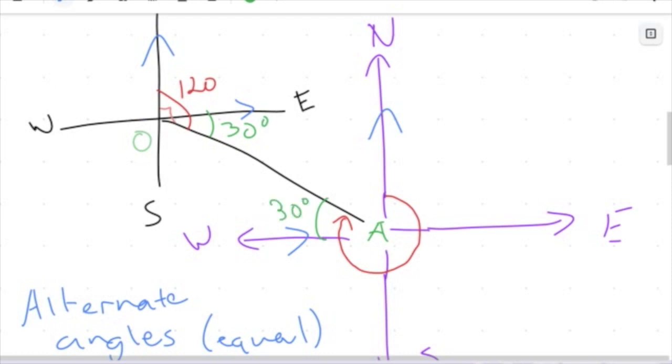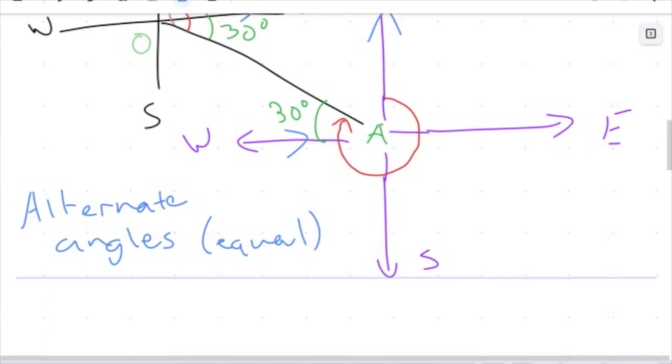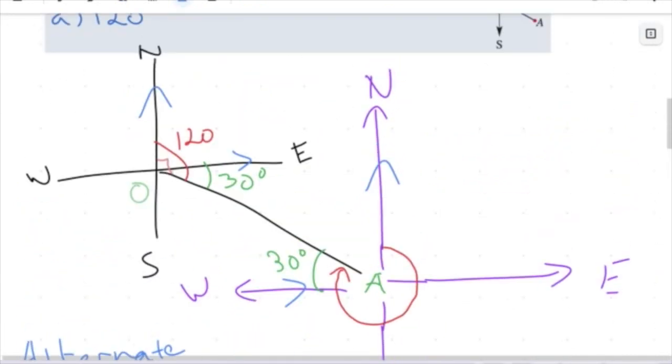Now I can count up all of these angles now. I have 90 degrees from here to here. I have 180 degrees down to here. I have 270 degrees here, and then I have another 30 degrees. So adding all those up, the bearing, well, I'll do it up here.